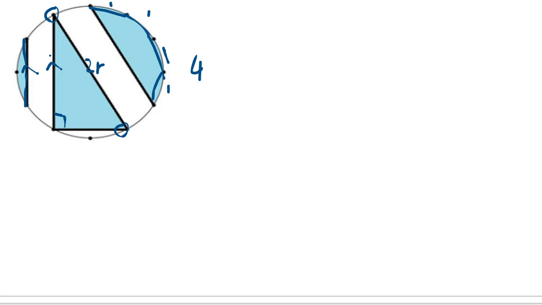Okay, I think I got one secret thing that we can do here. So I'm going to name this part as 1. And this length should be 1 too. So I can draw another right triangle where the hypotenuse is 1. And these 2 lengths right here are equal. So the perpendicular height and this perpendicular height are equal, right?